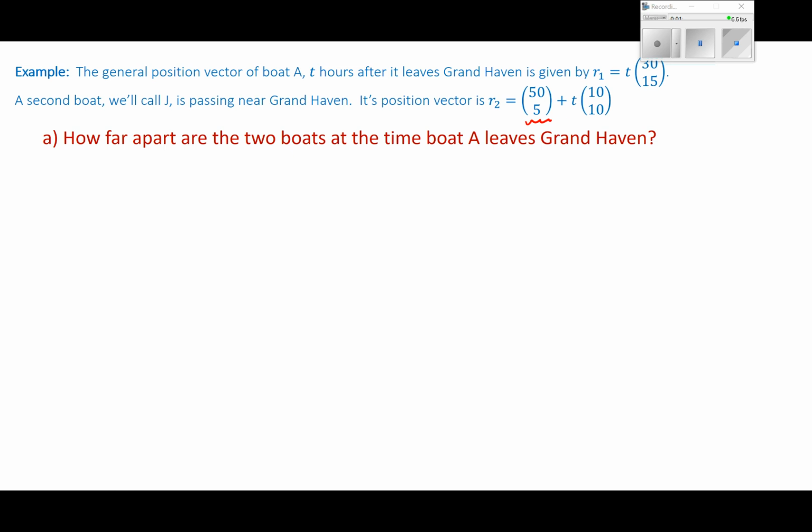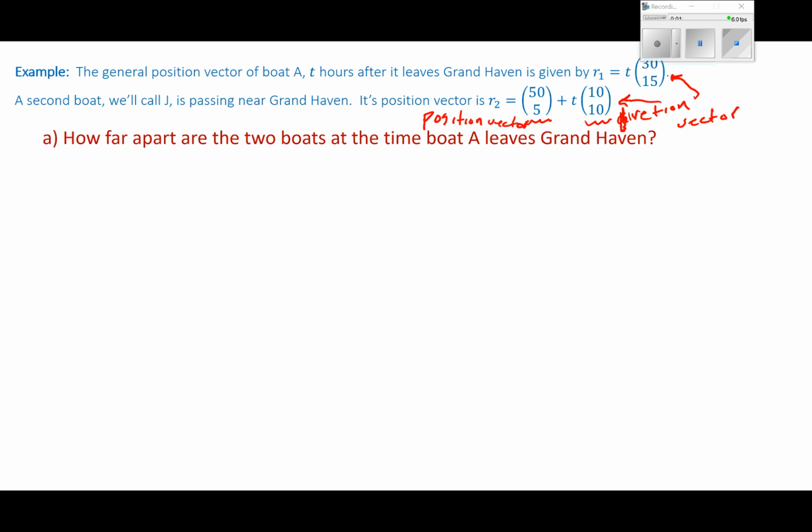These represent our position vectors. The (10, 10) is the direction vector. So on each of these, this is a direction vector, this is a direction vector. The (50, 5) is a position vector.